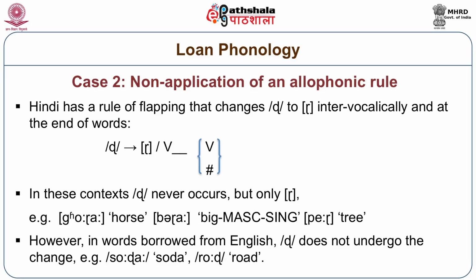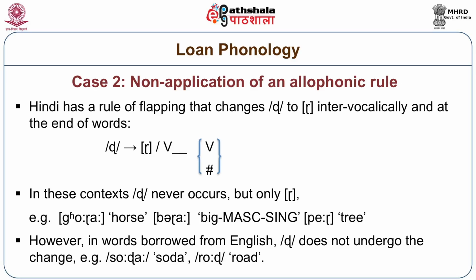So we say paid, for example, with ra at the end of words. Now this is a general rule, no exceptions in Hindi. So if you find a da occurring between two vowels, it will be pronounced as ra. If you find a da occurring at the end of words, it will be pronounced as ra.